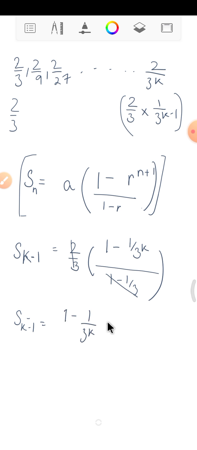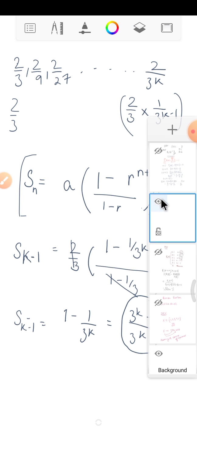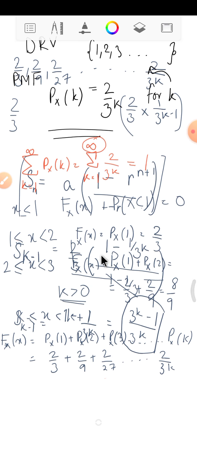So in this situation, here we can write it.